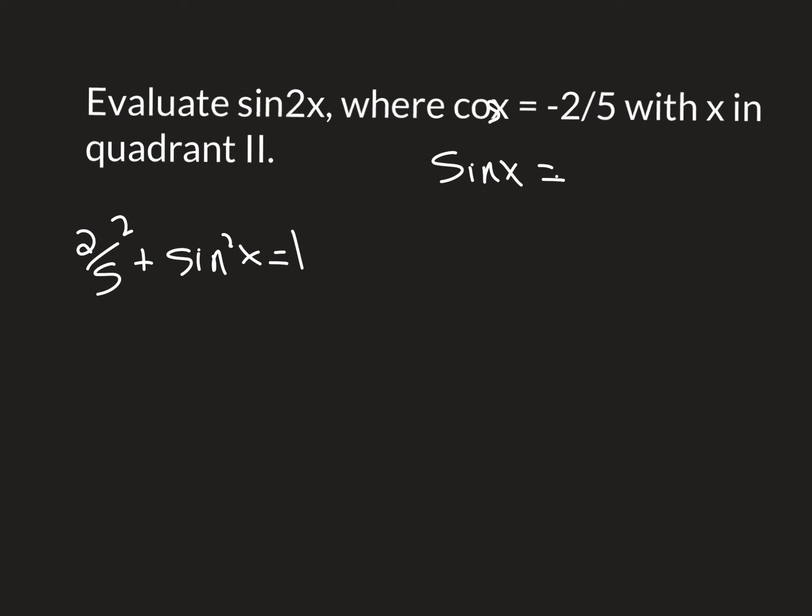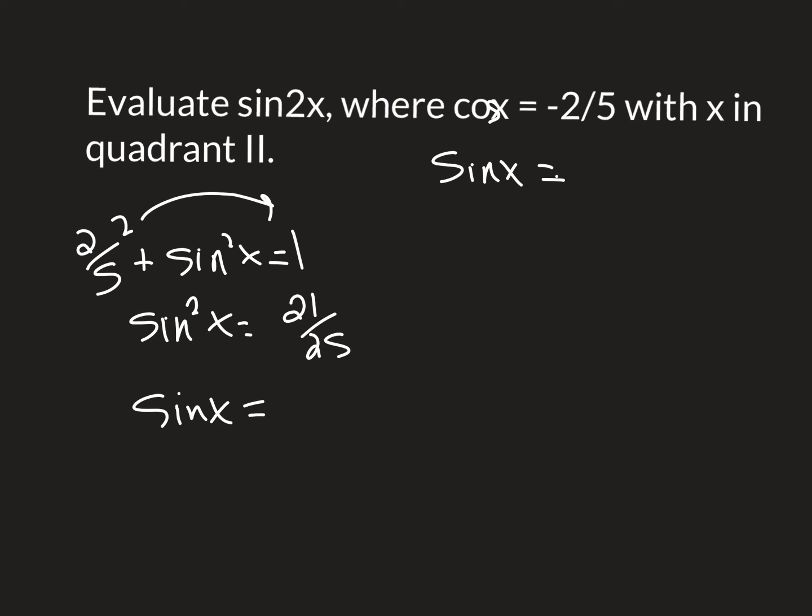If I square 2/5, that's 4/25. Moving 4/25 over with the 1, it's 1 minus 4/25, which is 21/25. Take the square root of both sides and you get plus or minus the square root of 21 over 5. Because we're in quadrant 2, and sine is positive in quadrant 2, my sine value is the square root of 21 over 5.